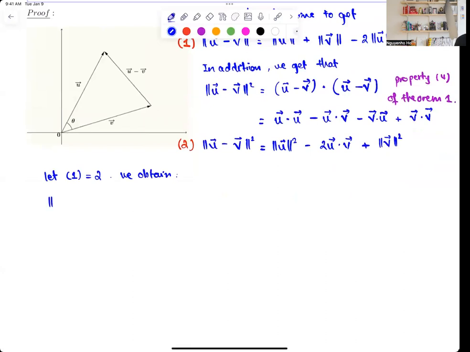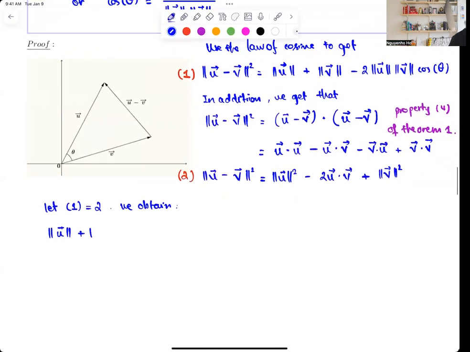I made a mistake again. For the law of cosines, this should be the magnitude of u squared plus the magnitude of v squared, sorry.